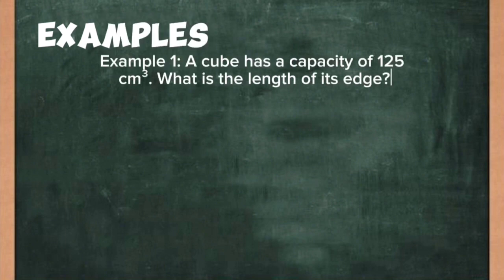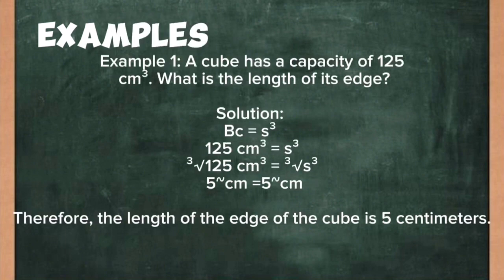Example number 1. A cube has a capacity of 125 cubic centimeters. What is the length of its edge? The solution: the volume of a cube equals s cubed.